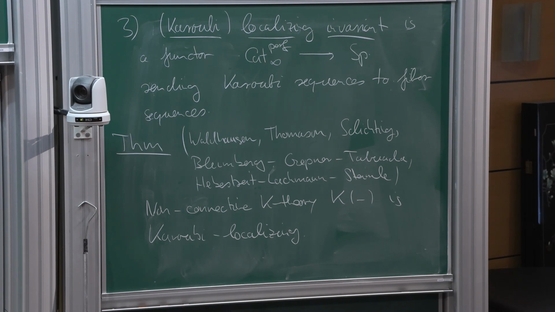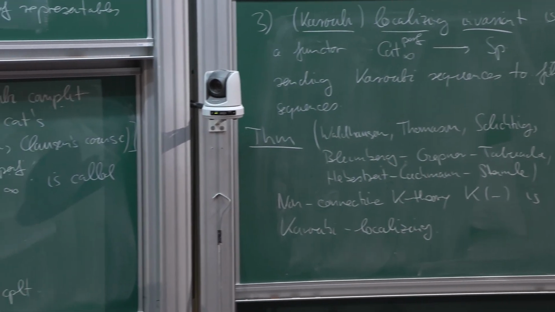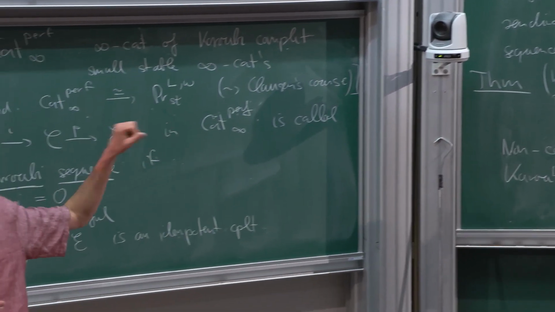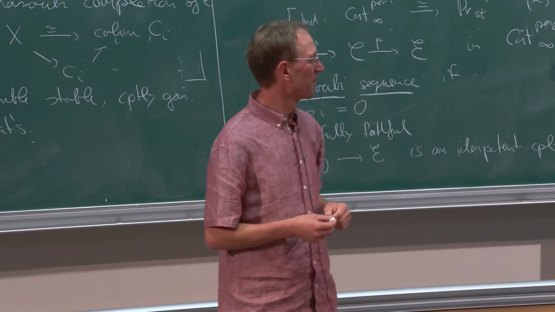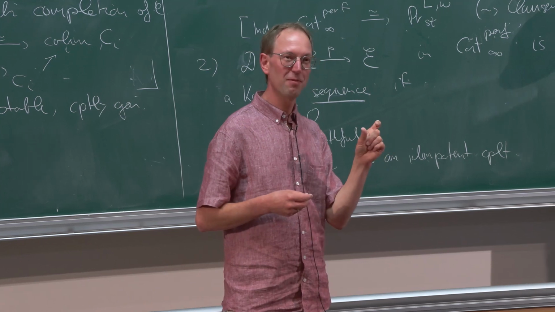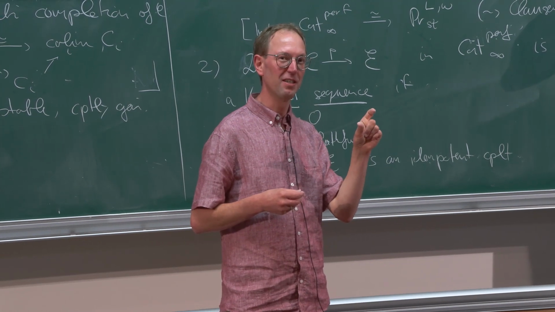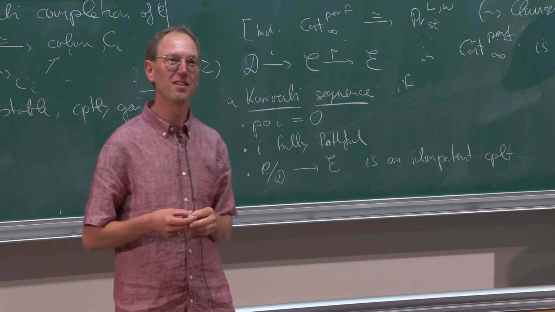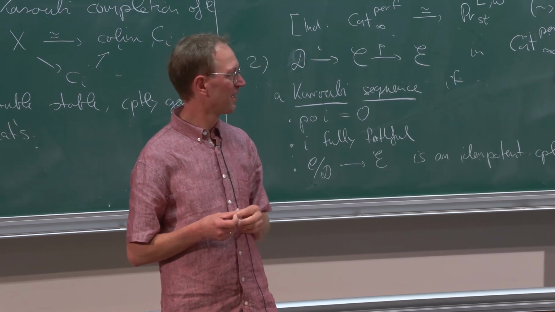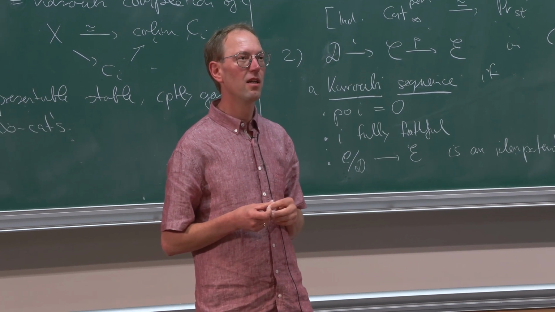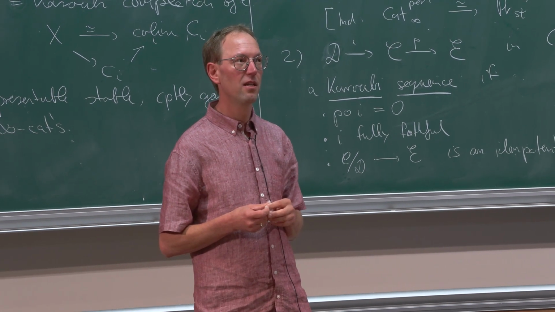Okay. You can also define it as the universal invariant which satisfies this property. That's a possible definition. Or for rings, you can define the negative K groups by forcing the fundamental theorem. There was also a definition for associative rings of negative K groups.